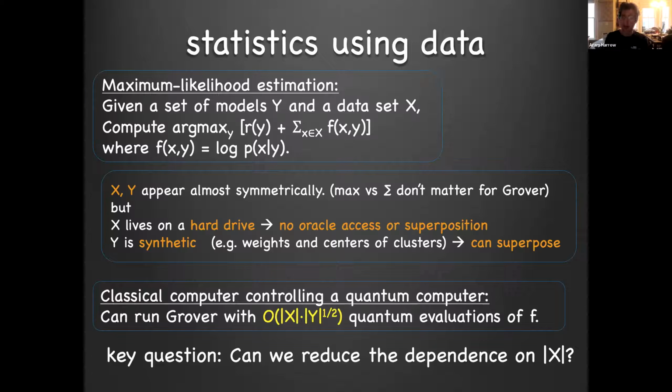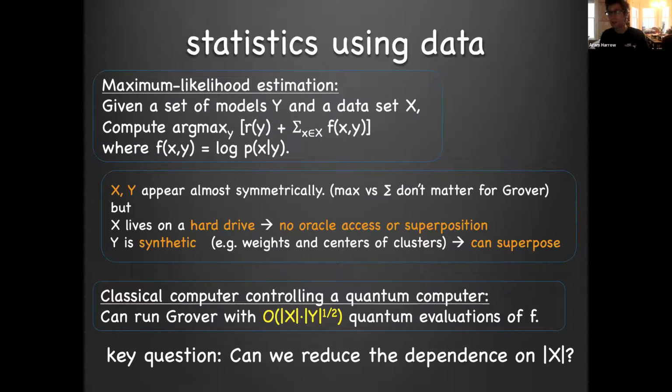Another question was about what is the relation between X and Y. Well, at one level they're decoupled: you have a space of models that you're searching over, like all possible clusterings, and then X is just your set of data points.